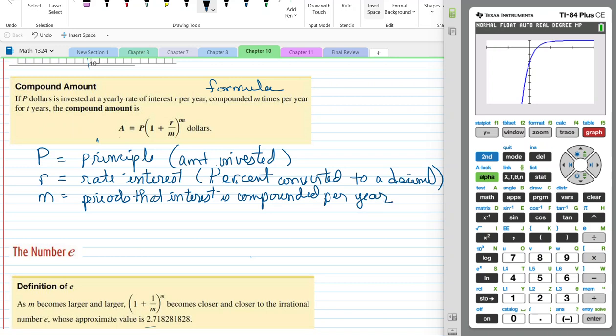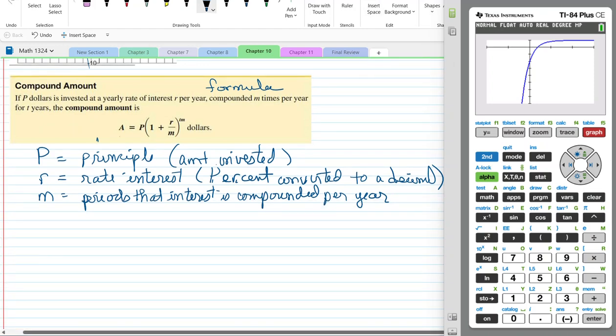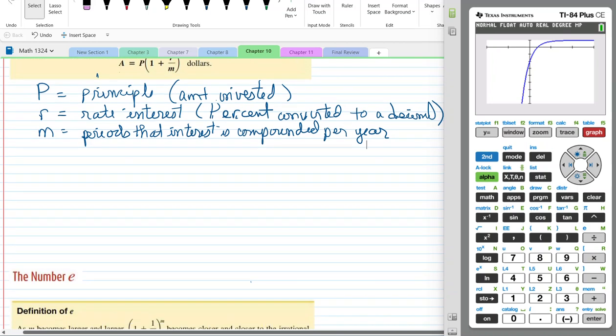All right. So this guy right here has the following concepts. And you might want to write these down on your notes so that you'll understand.